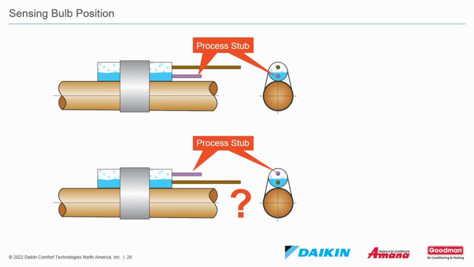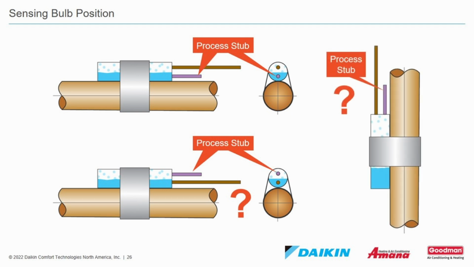Never install the bulb so the process tube is even with or above the pressure tube, to keep the pressure line from being exposed to liquid refrigerant in the bottom of the sensing bulb. Also, the sensing bulb should not be attached to a vertical section of the suction line.